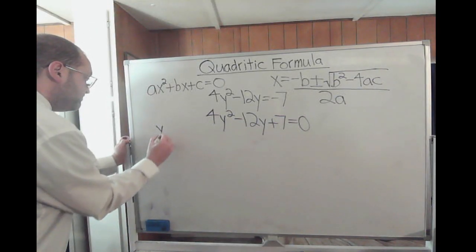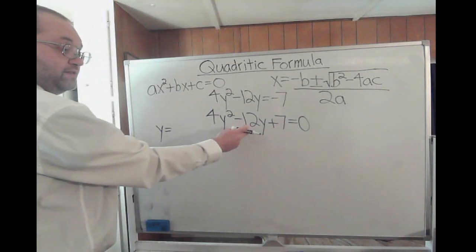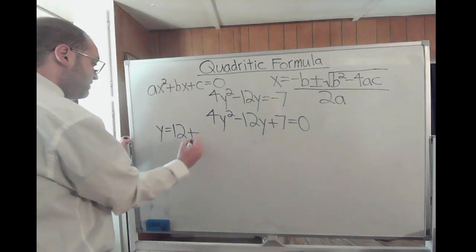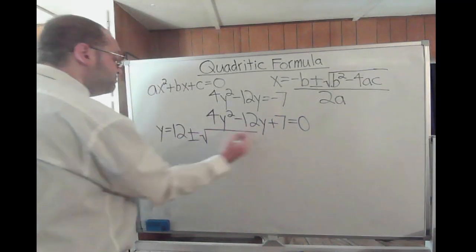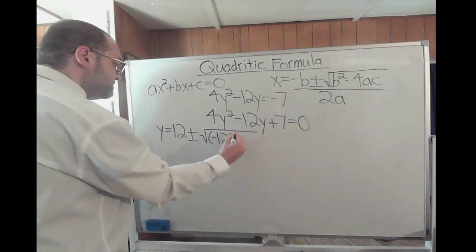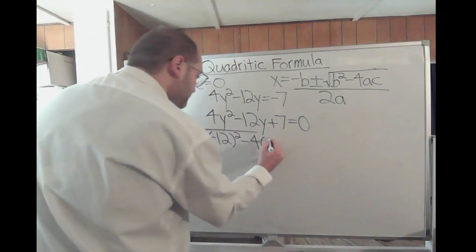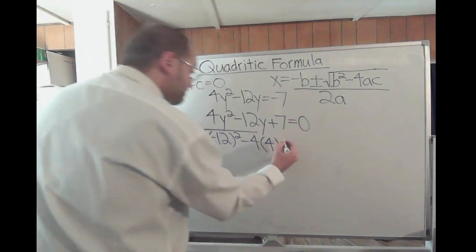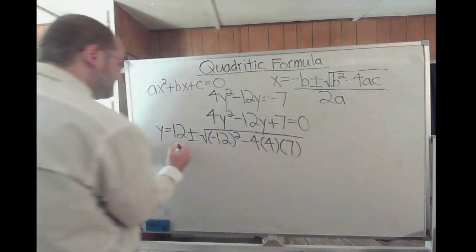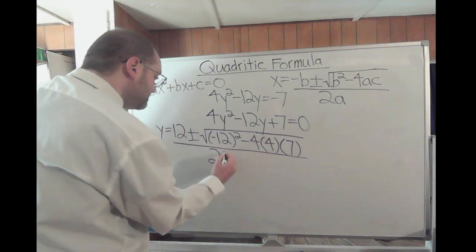So y is equal to the negative of b, well b's already negative 12, so that means negative 12, that's positive 12, plus and minus the square root of b squared, so you would take negative 12, raise that to the second power, minus your 4 times your a, which is also 4, times your c, which is 7, all over 2 times a, which in this case is 2 times 4.